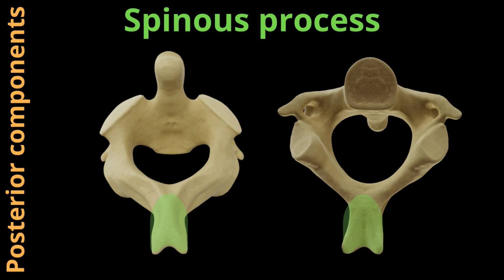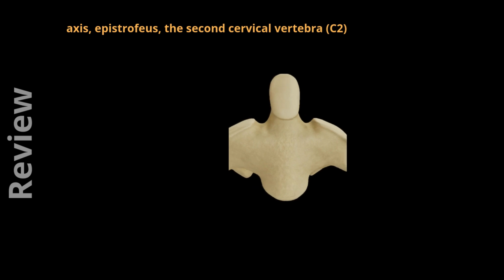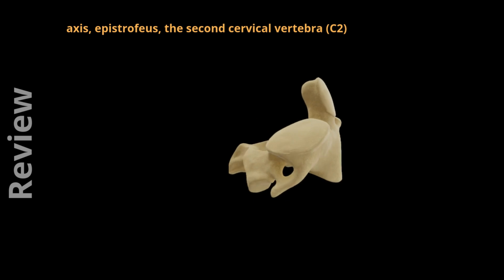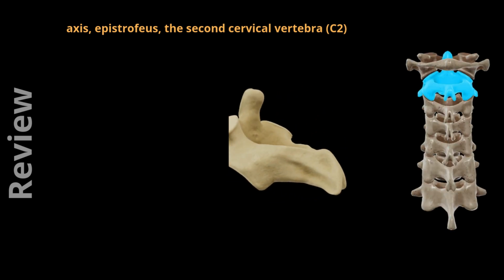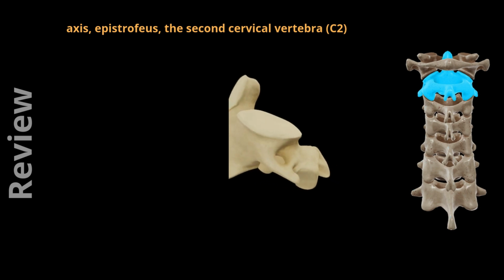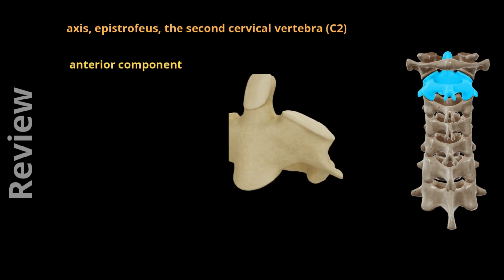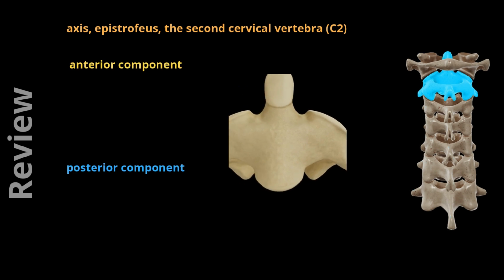That's it for today. But before we end, let's go over some of what we've learned. The axis, also known as the Epistropheus, is the second cervical vertebra, C2, located at the top of the cervical spine. The axis can be divided into an anterior component and a posterior component.